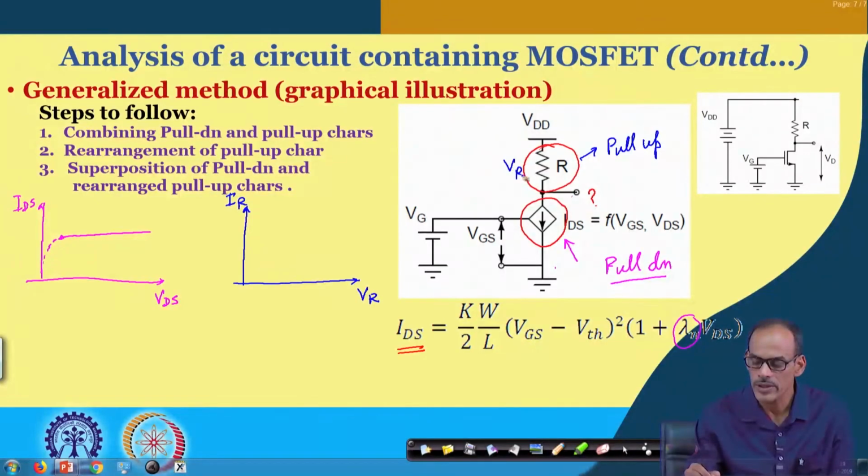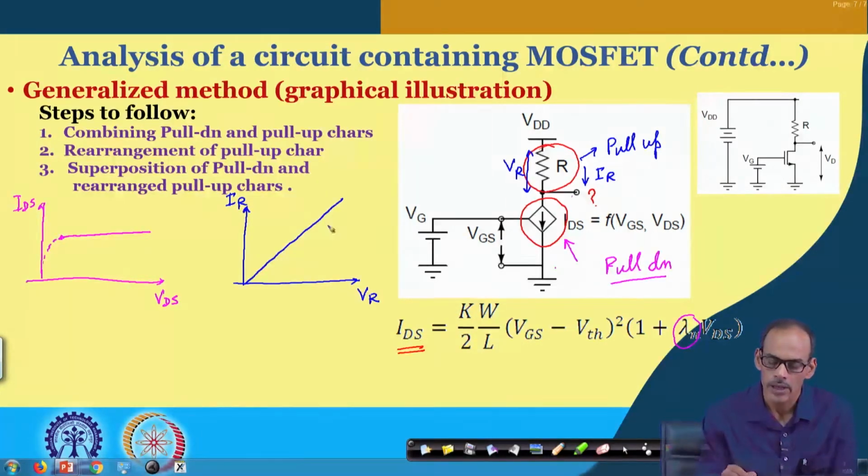VR is the voltage drop across this resistance, and IR is the current flowing through it. We know that if we plot this IR versus VR, this will be linear, and the slope of this linear line is 1 by R with a minus sign.